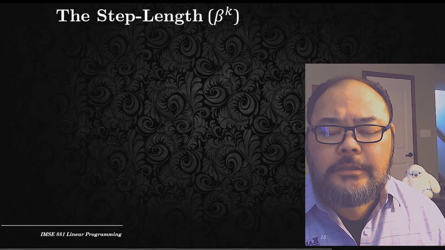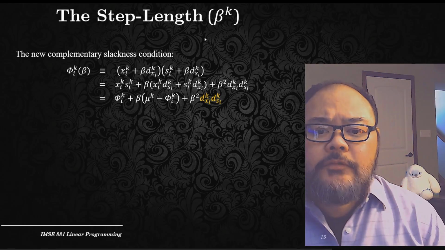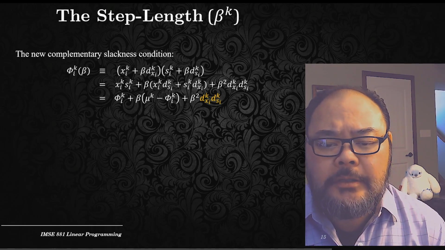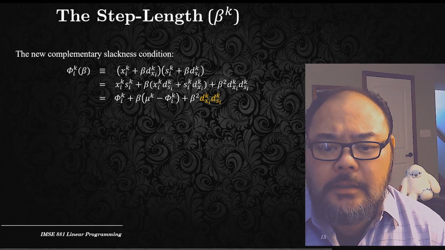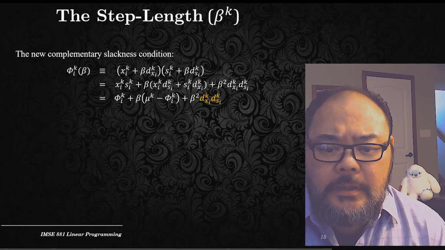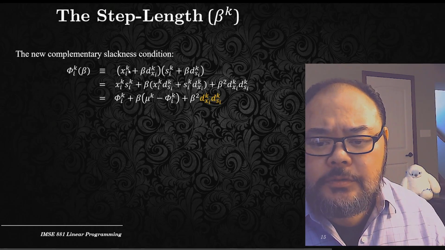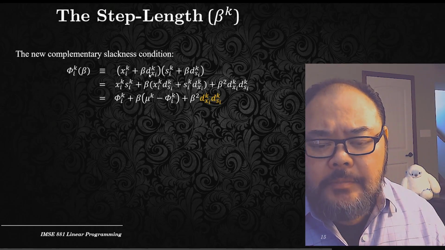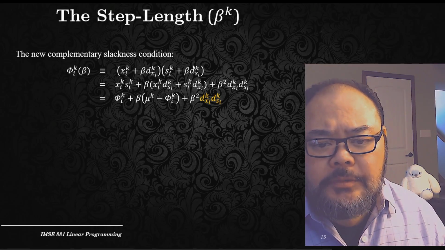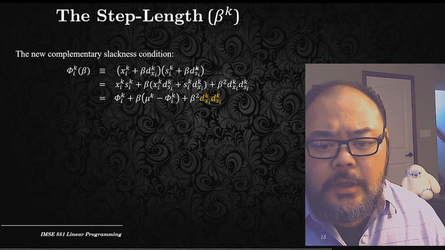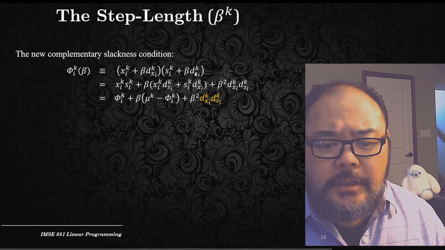Let's take a look at the step length beta k. How is that going to work? First we look at the new complementary slackness condition. We call the phi ik based on the beta step size, and it equals xik, the current primal solution, plus beta times dxik, which is the direction. Same thing for the new slack variable: the current sik plus beta times dsik.